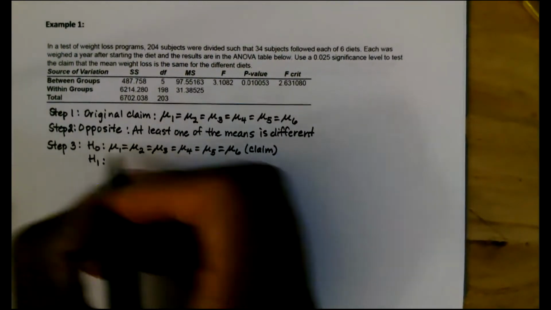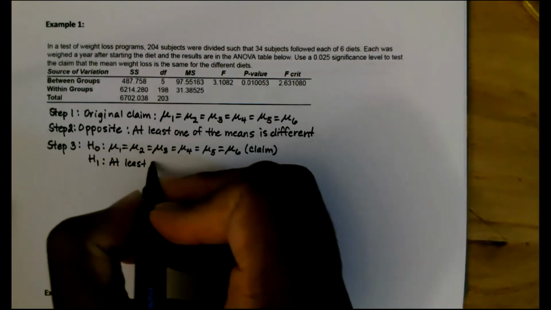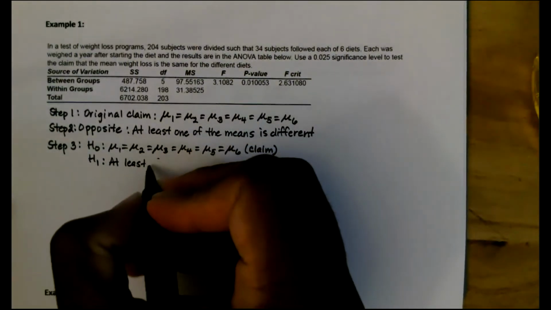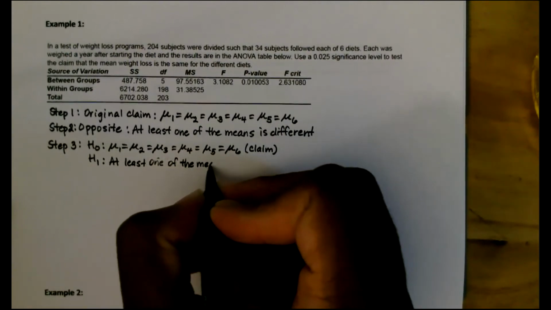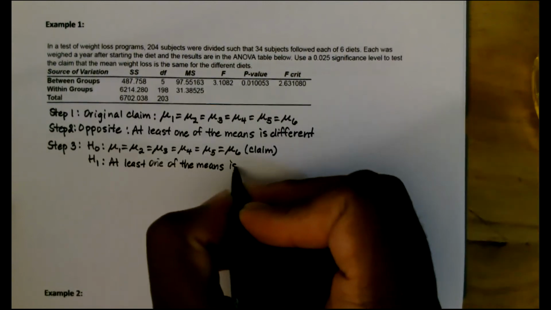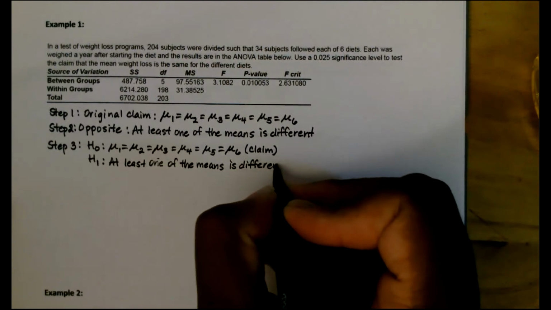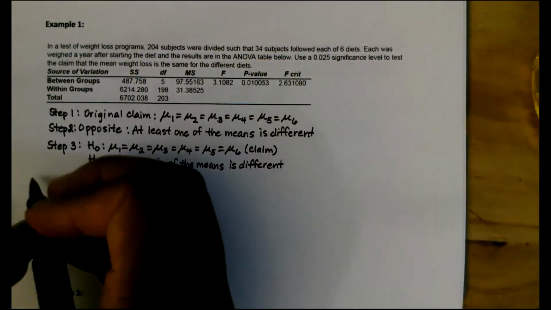The alternative, of course, is that statement that I wrote, where at least one of the means is different. Okay, so that's step number 3, the null and alternative hypothesis.